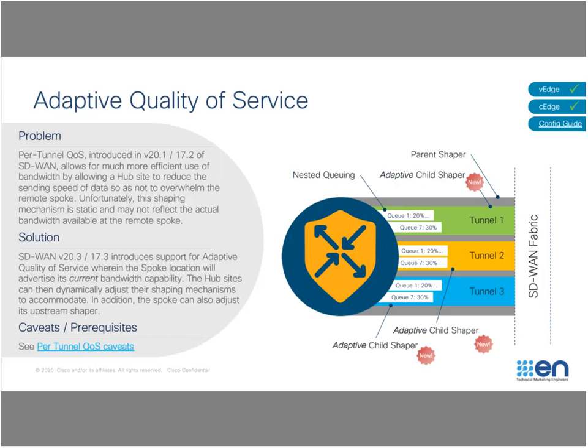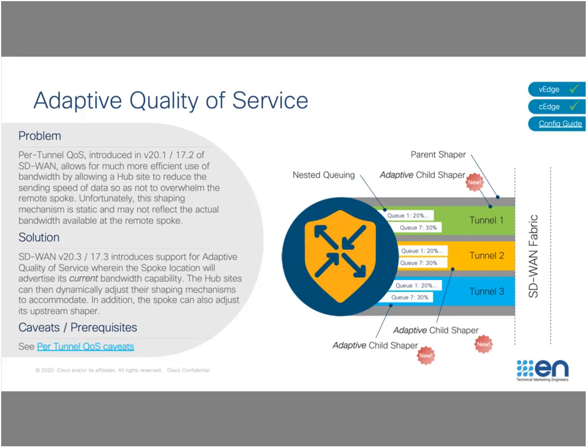Next piece to talk about in the realm of quality of experience and quality of service, when we talk about dynamic on-demand tunnels, is adaptive quality of service. This is another big feature that was pretty prevalent in IWAN and DMVPN days, in terms of PFR and whatnot.